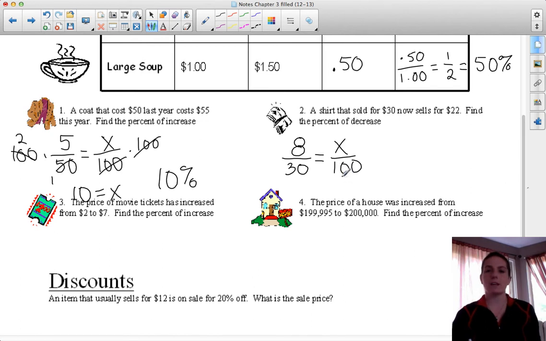This problem, again, we can do with multiply by 100, but just for the sake of doing problems different ways, I'm going to use cross products. So we say 30x is equal to 800. We divide both sides by 30.